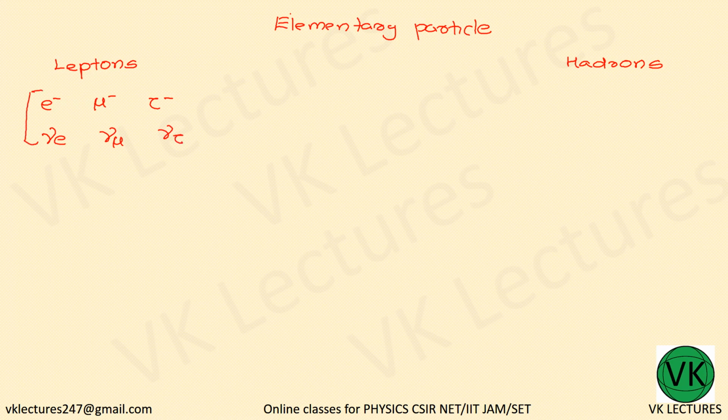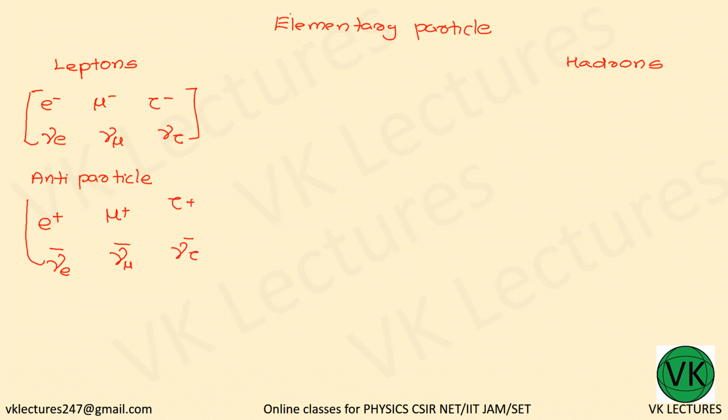Now its antiparticles, that means the anti-leptons, we have the positron, the nu e bar, its neutrino, mu plus and nu mu bar, and tau plus, nu tau bar. So these are the antiparticles associated with the leptons.